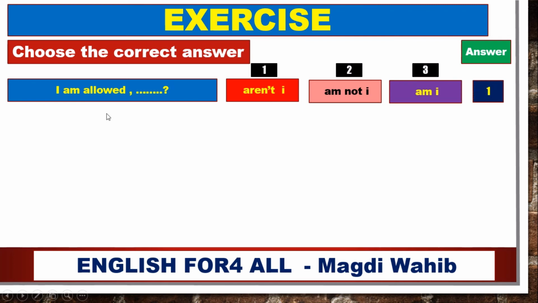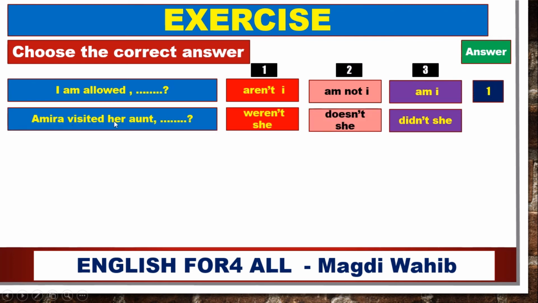Number one. Amira visited her aunt. Amira visited, past simple. So we need to use did in the negative form. Weren't she is not correct. Doesn't she, not correct. Didn't she is the correct answer.